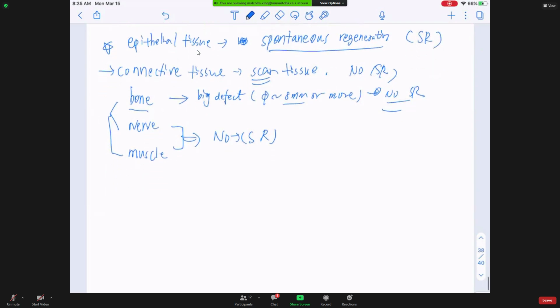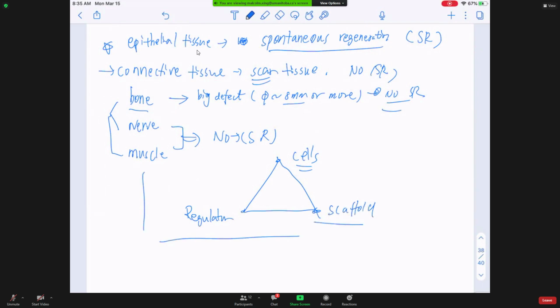In the midterm questions, I will propose some kind of clinical or IND research case, and you should know that all regeneration is based on cells, regulators, and scaffold. We already talked about that before.